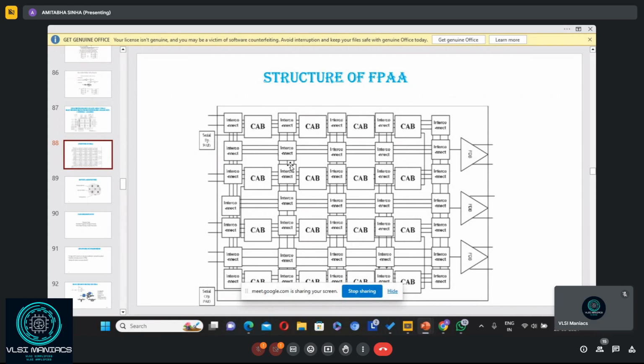CABs, in between you will find the interfacing switches, and on the output side, the signals are brought to the output world through the operational amplifier, and input analog signals will be coming through the input ports. So this is the basic structure.